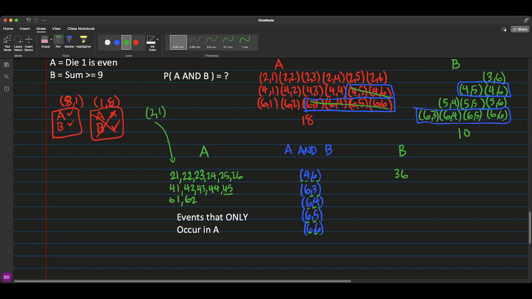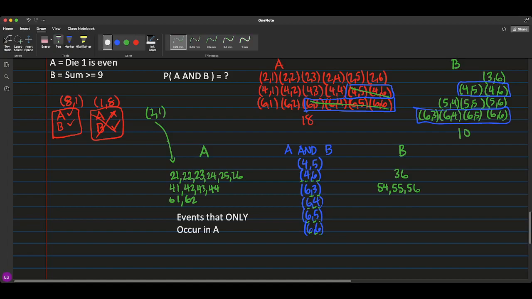Oh, shoot. Okay, I need to get rid of this 4, 5. I'm supposed to have a 4, 5 here, because it occurs in A and B. Oh, how did I miss that? Okay, so 3, 6. And then you can have a 5, 4, 5, 5, and 5, 6.